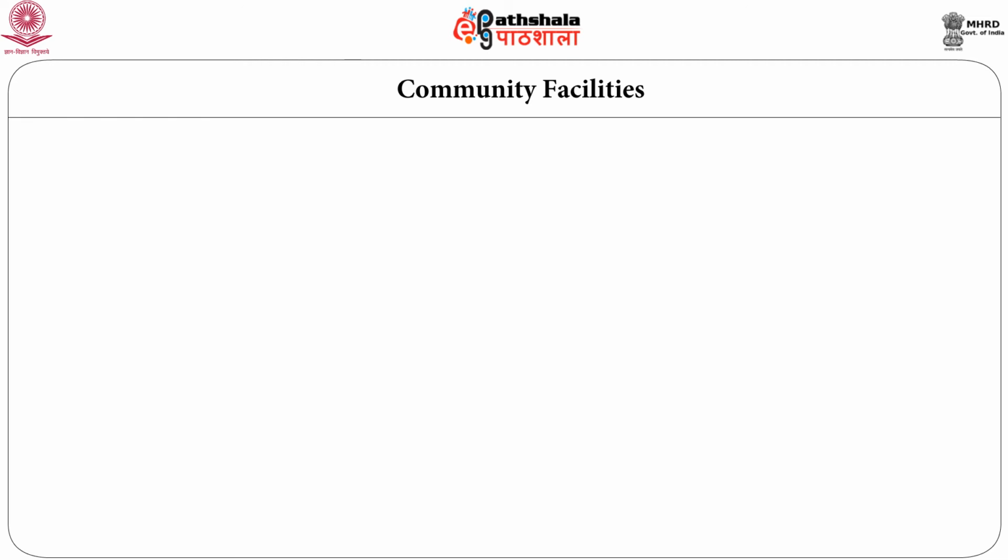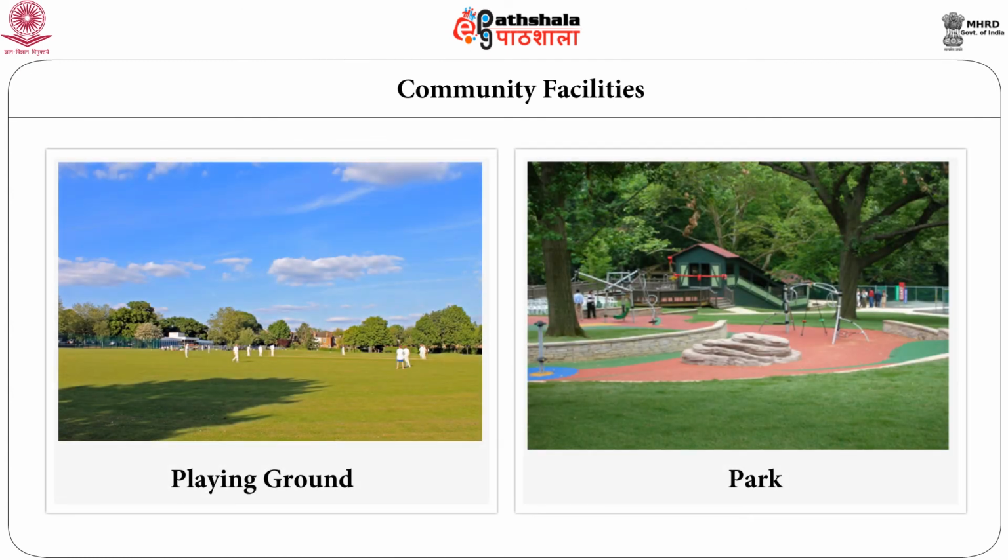Now, let us see the next factor. Community facilities like a playing ground or a park for the children and for the elderly. A playground or a park in the neighborhood would be a very good feature for the plot.